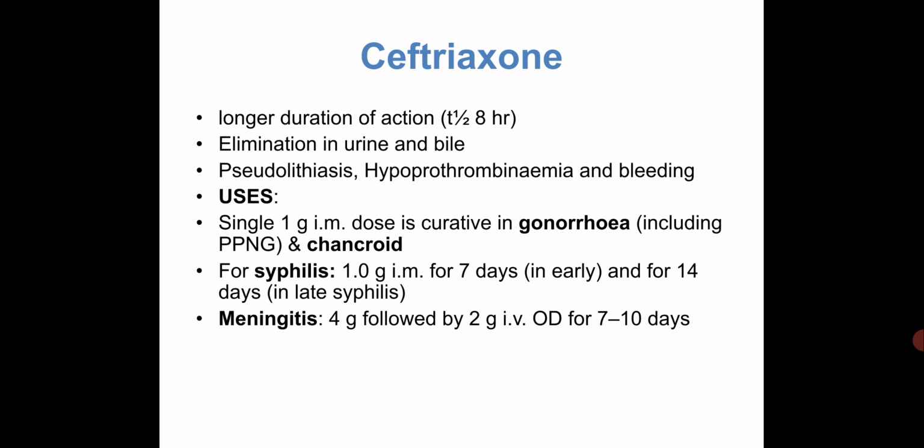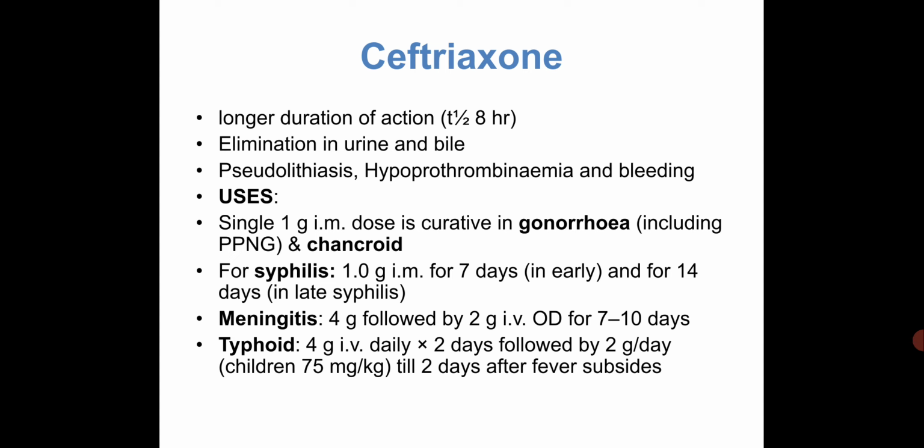In meningitis, the ceftriaxone dose is 4 gram followed by 2 gram intravenously once a day for 7 to 10 days. Even in typhoid, it is useful if there is multi-drug resistant or fluoroquinolone resistant typhoid.